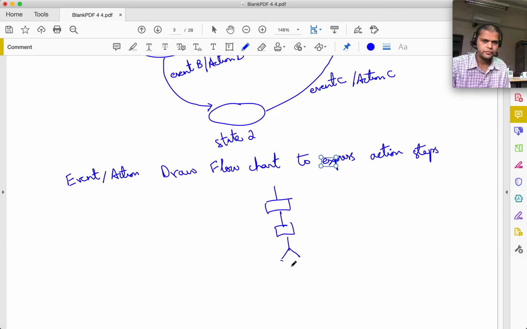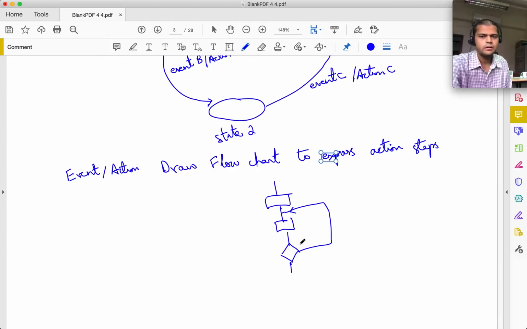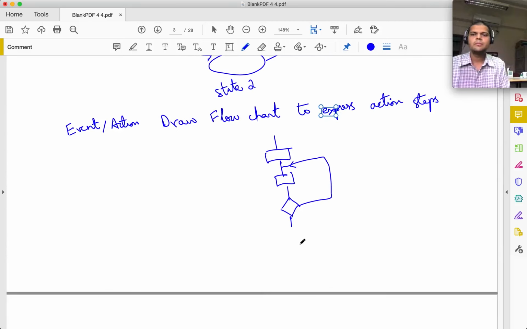Maybe there's an if statement over here in the algorithm that we're running to take this action, and so on. So when you come up with a protocol, normally you would draw a state diagram, and also you would draw flow charts for each of the actions.